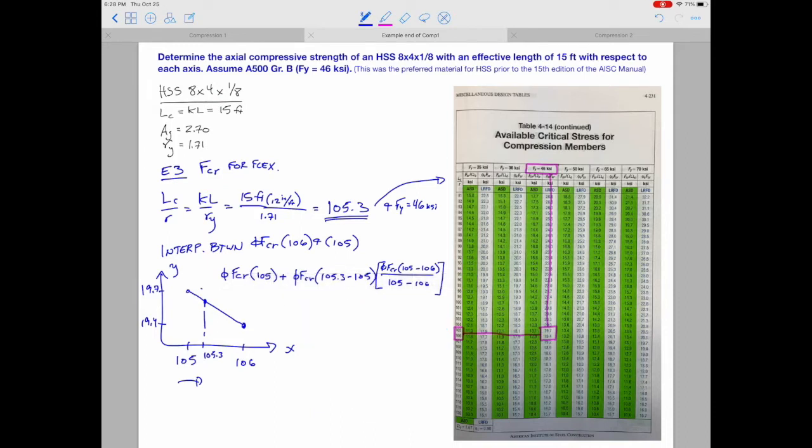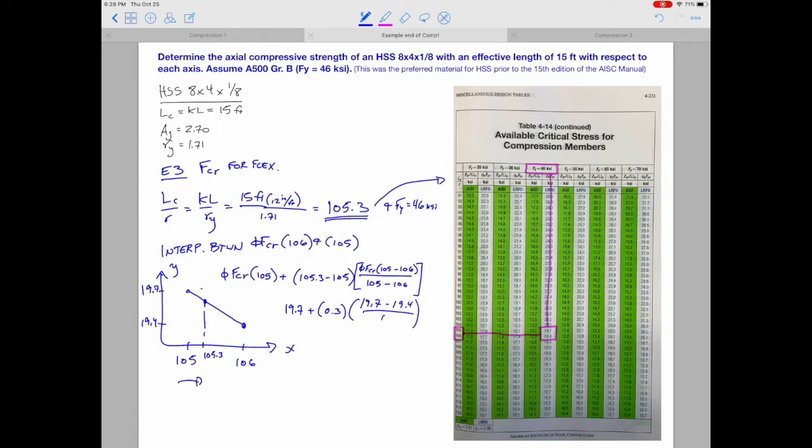So I can say it's 19.7. This is add. We'll say it's, oh, you know what? That doesn't go there. Okay, I took this out. So it's 19.7, and I have 0.3 feet, and then I have 19.7 minus 19.4.